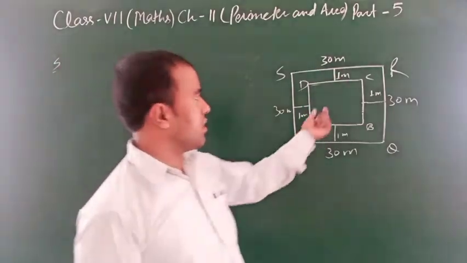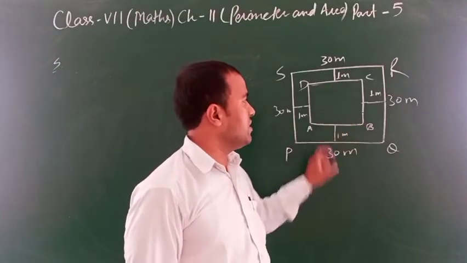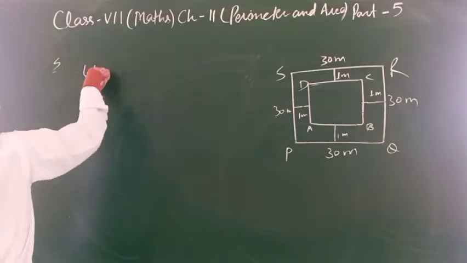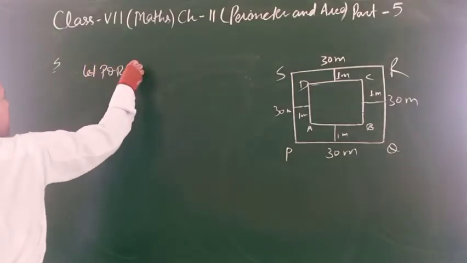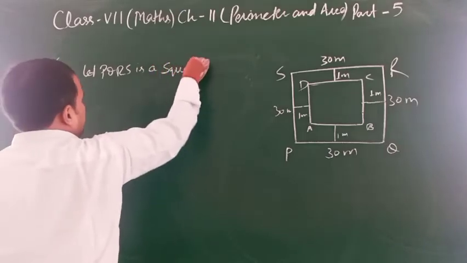Then we will get the sides CD, BC, AB. So we will write, let PQRS be a square.